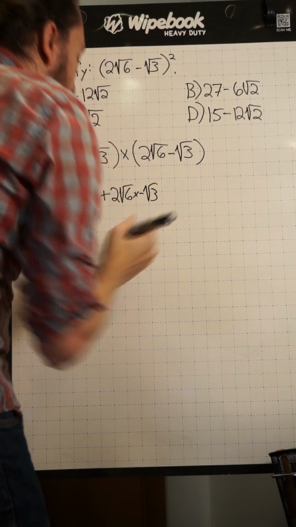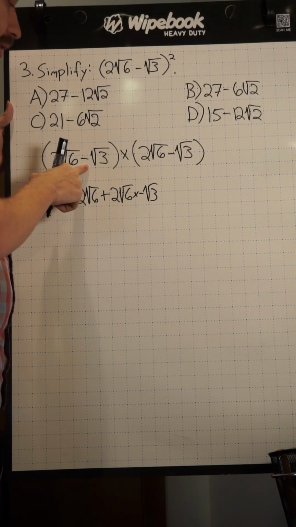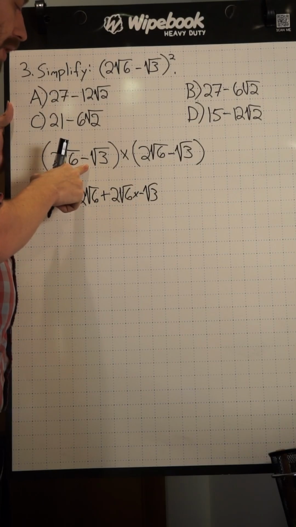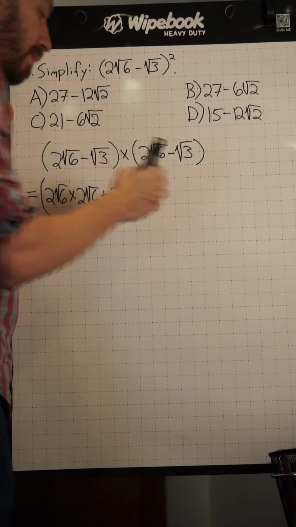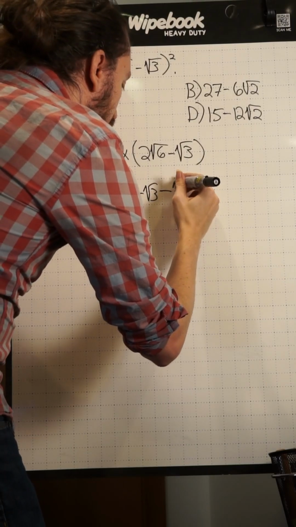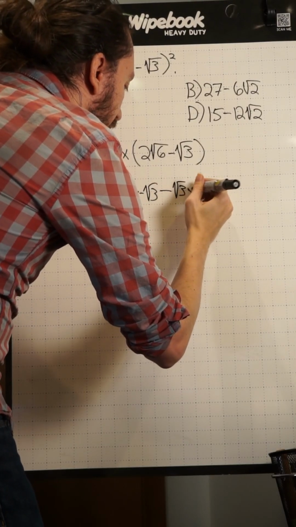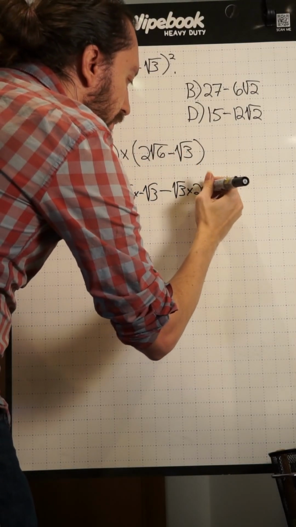or negative square root of 3. Now the next one: we're finished with the 2 square root of 6, so we move on to the minus square root of 3. We'll say minus square root of 3 times the first one, 2 square root of 6.